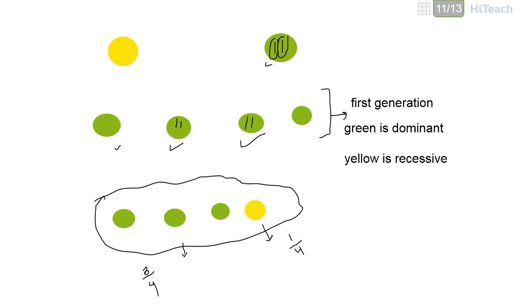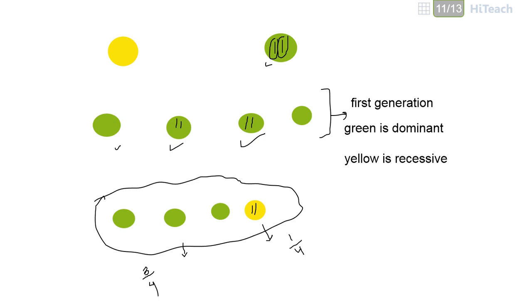Some traits, such as yellow seed, could only be observed if a plant received two factors. For example, for this yellow, it received from the parents two factors that store information only about yellow color, one from each parent.